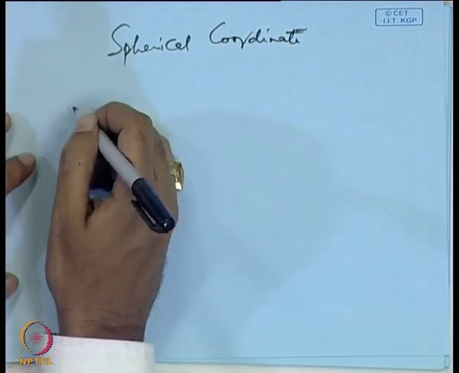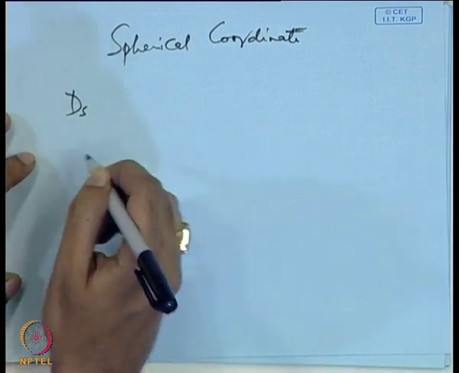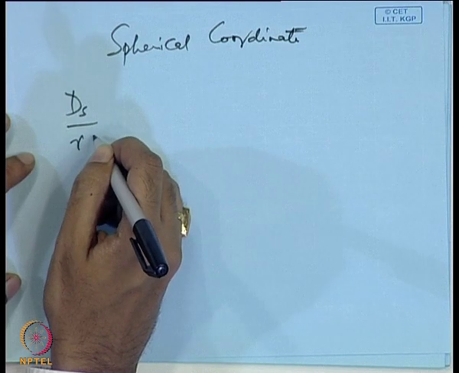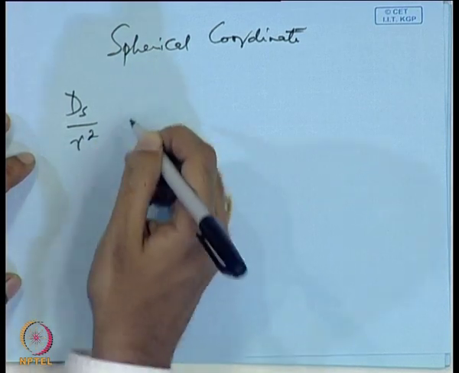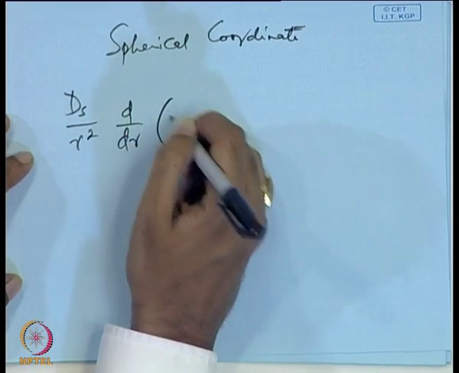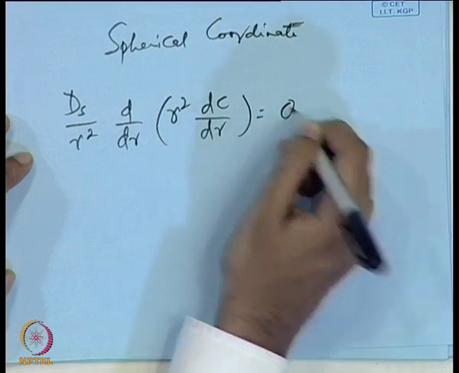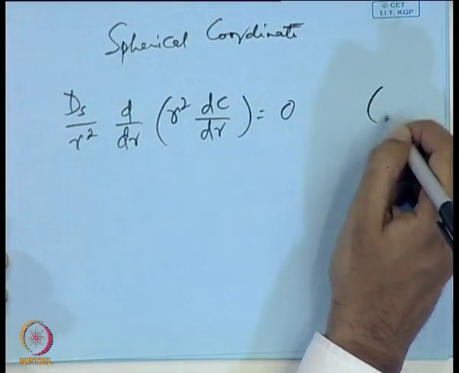So in the spherical coordinate, what is it going to be? So 1 over r. Do you remember, any of you? Okay, so this is my equation.